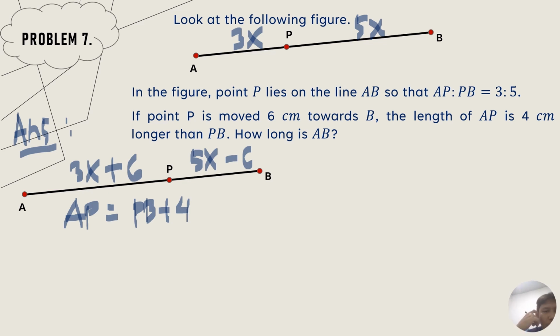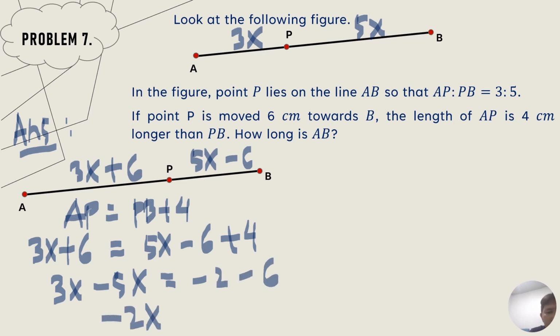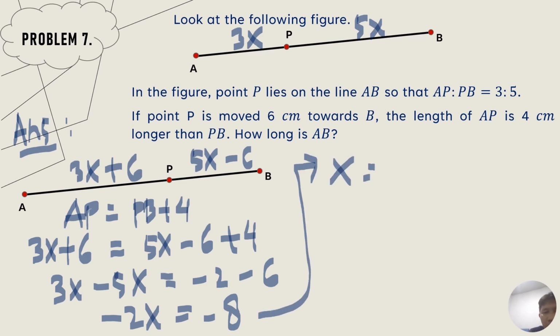Here we have 3x plus 6 equals 5x minus 6 plus 4. Then 3x minus 5x equals minus 2 minus 6, so minus 2x equals minus 8. Then x equals 8 divided by 2 equals 4.